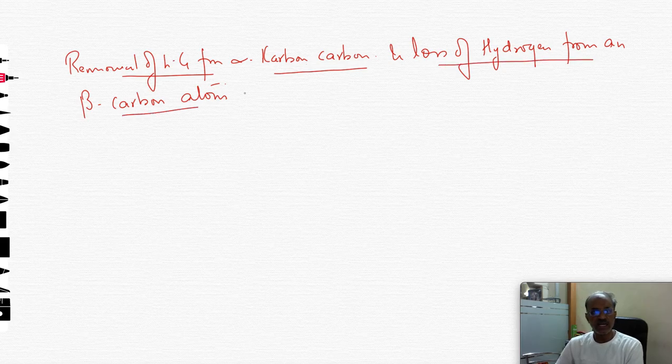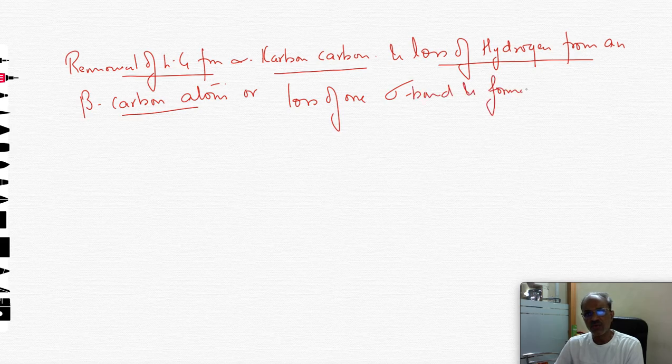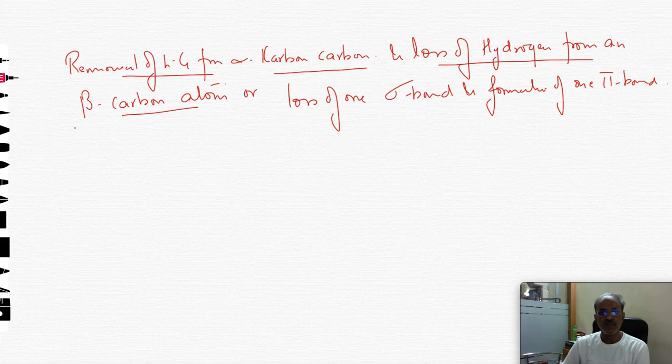Or we can also say a loss of one sigma bond and formation of one pi bond. And this basically is known as beta elimination reaction.